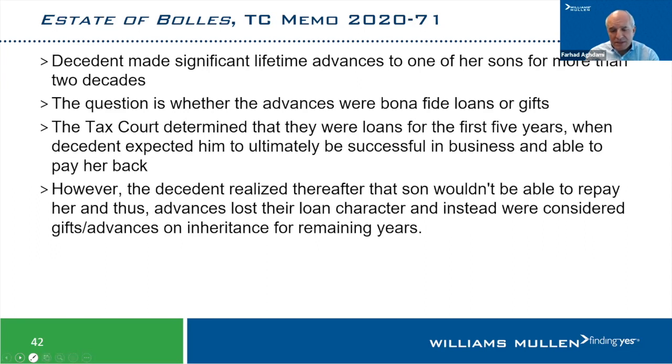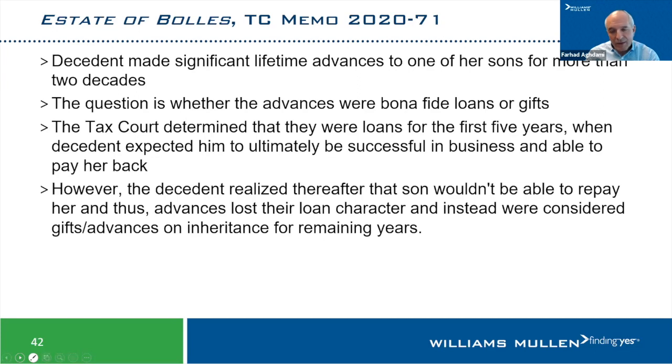And the question is, at what point do these loans become actually a gift? And in the Bowles case, this is essentially what happened. Mrs. Bowles lent money to her son, who was a very bright architect, but was not able to be very successful financially in his business.